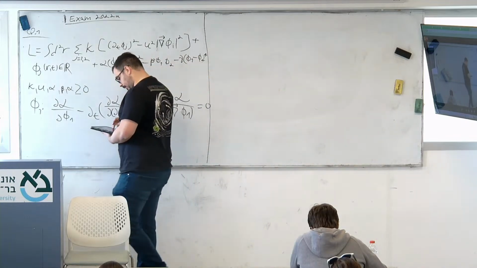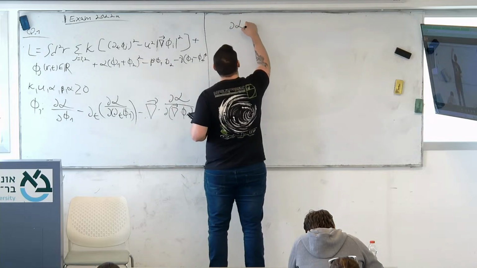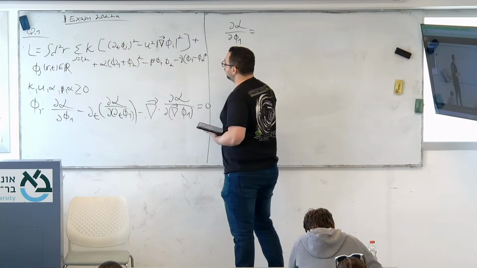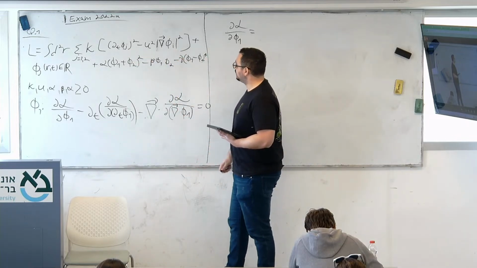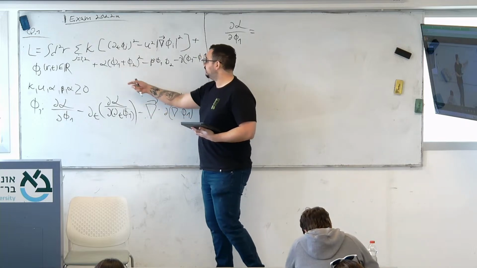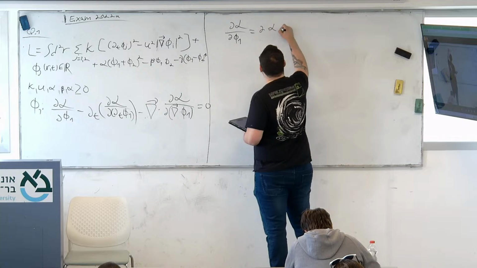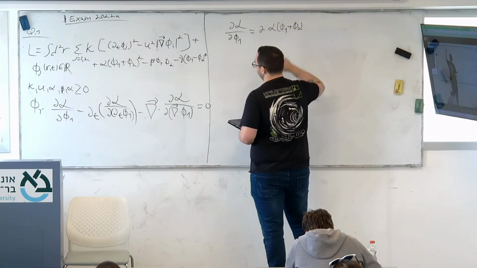Okay, so now we do each term independently. First of all, the first term has no direct dependency on phi1. Second term is just 2 times alpha, phi1 plus phi2.